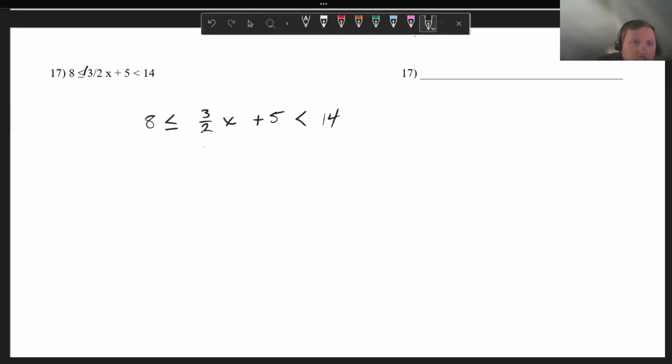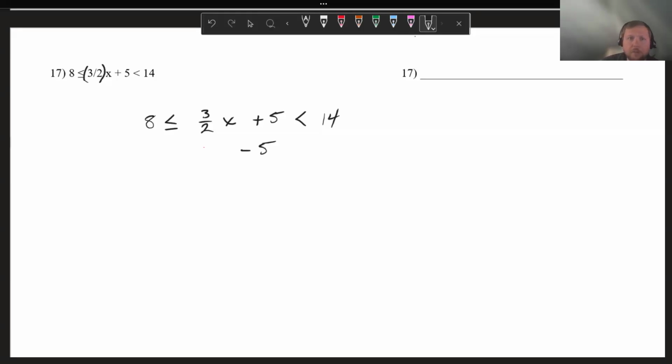Okay, so with an inequality like this, I can work on all of the sections simultaneously since the variable's in the middle, and it's not in the denominator or anything like that. So this is fine as long as it's linear like this.